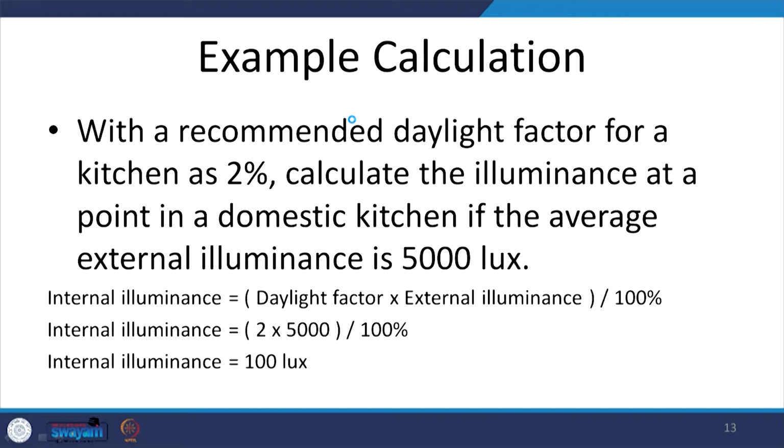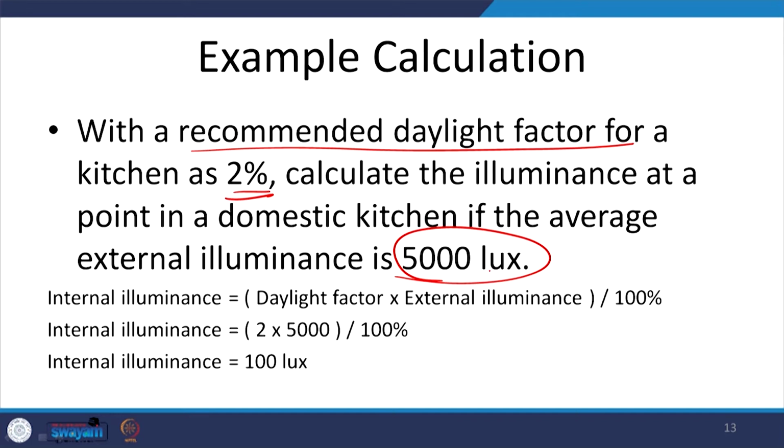Suppose we have to calculate the amount of light available in a kitchen, considering a recommended daylight factor of 2% for a kitchen, and we have to calculate the illuminance given that there is 5000 lux available outside as the external illuminance.